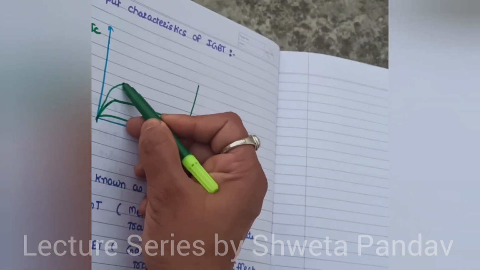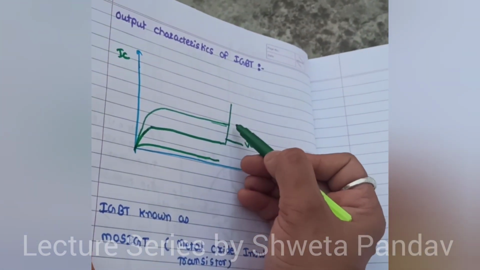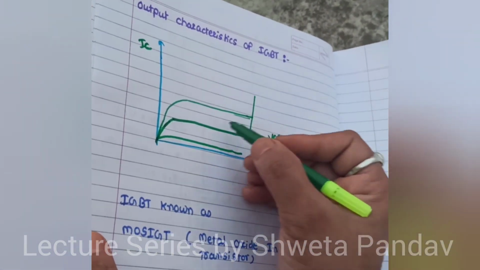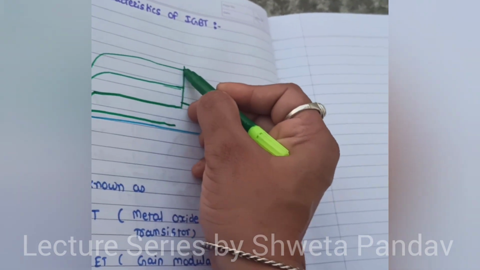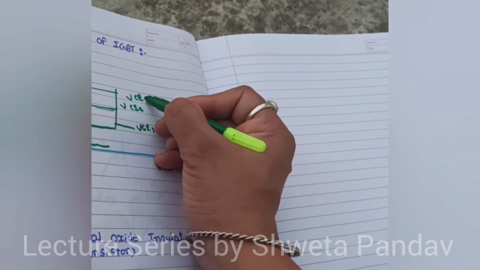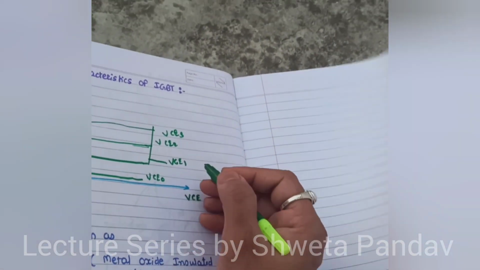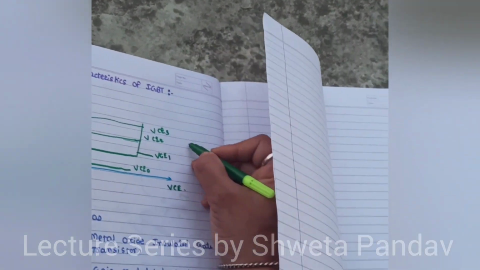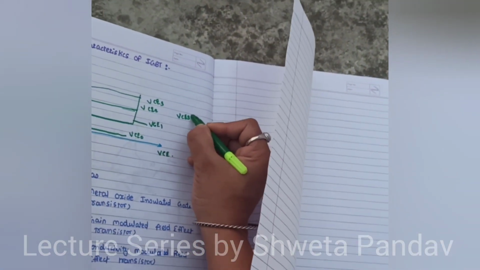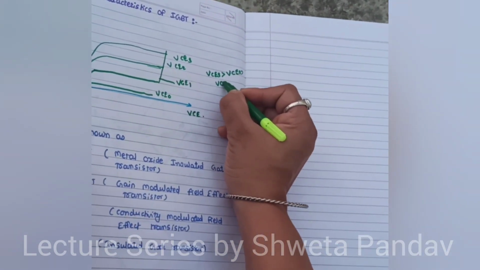For VCE2, the current again goes on increasing, remains constant, and again increases sharply, and again for the next VCE, this is our VCE3. From this graph we can see that VCE3 is greater than VCE2, which is greater than VCE1.